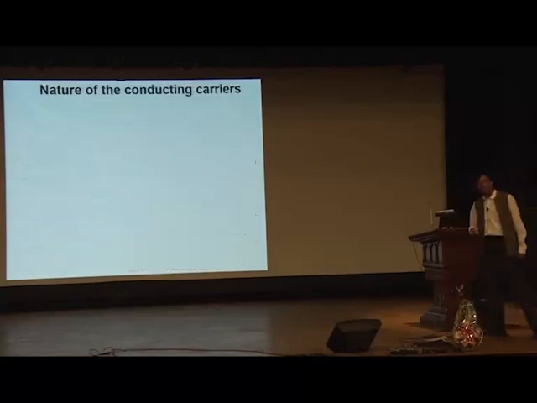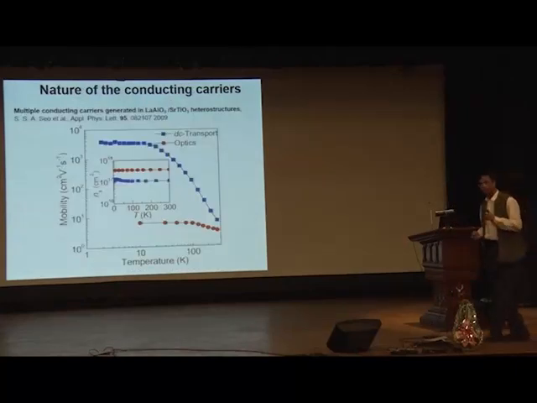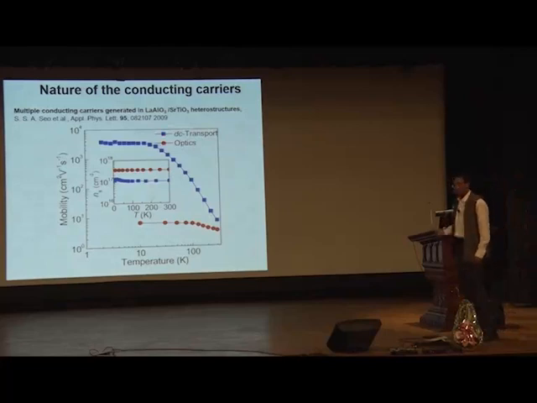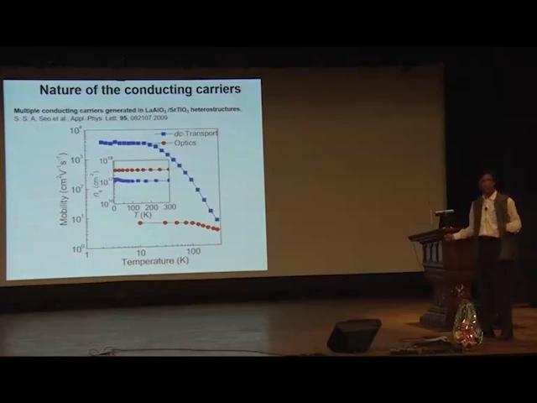And then the nature of the conducting carrier has also turned out to be extremely surprising, because depending on how you probed it, for example, if you did DC transport and measured the mobility, you found very high mobility, but for the same sample, a low carrier concentration. Using the same sample, if you did an optics experiment to figure out mobility and carrier concentration, the carrier concentration turned out to be much higher and the mobility much lower.